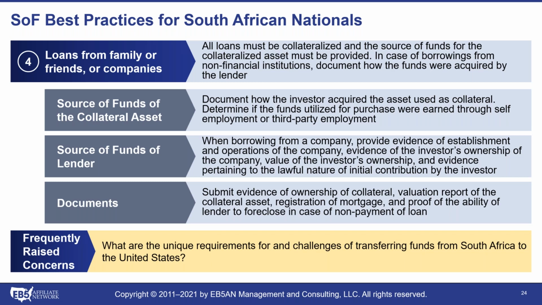And when you get the allowance, there will be a specific date on there, and there will usually be an expiration date on when that clearance or allowance ends. So you need to make sure that the transfer of funds out of the country occurs within that allowance period. That's just part of those unique requirements related to dealing with the South African Reserve Bank and the Revenue Service.